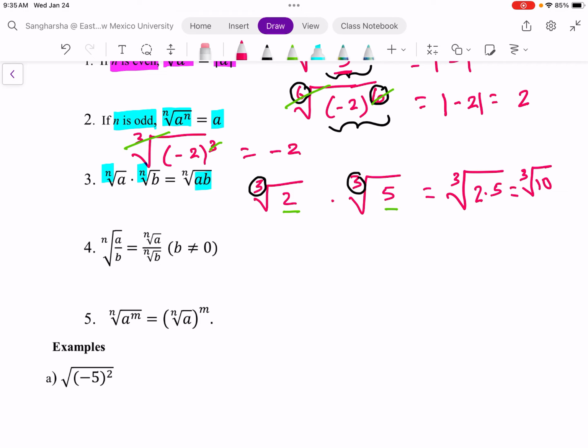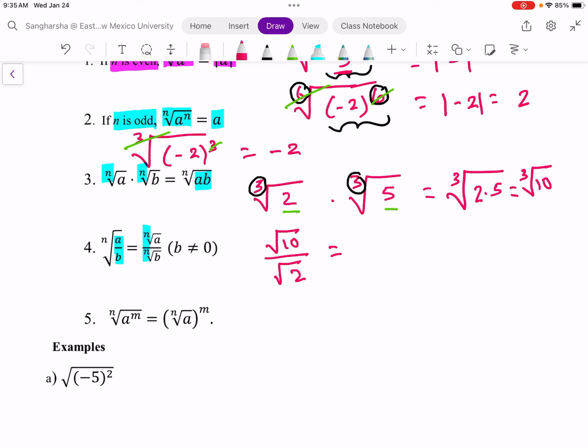Similarly, if we have a quotient with the same index n, then you can divide the radicands. Let's say we have the square root of 10 divided by the square root of 2.